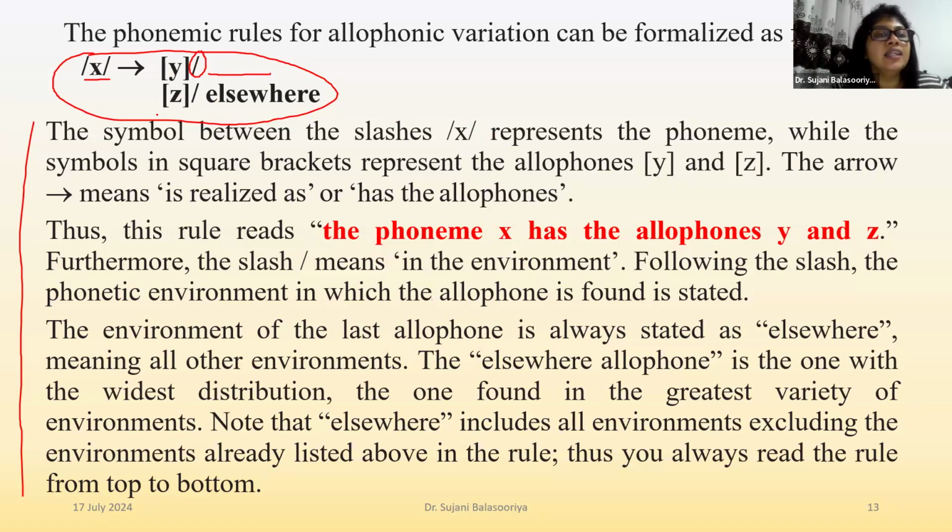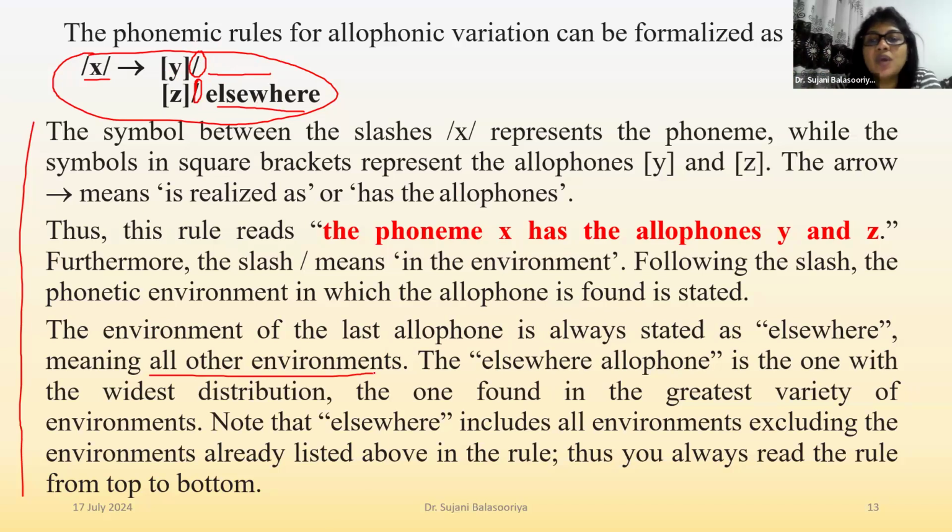And then the second allophone is Z. There you have again the slash, but no particular environment is mentioned; instead the word elsewhere. So other than the environment mentioned after the allophone Y, in all the other situations. That is what you mean by elsewhere, meaning all other environments.